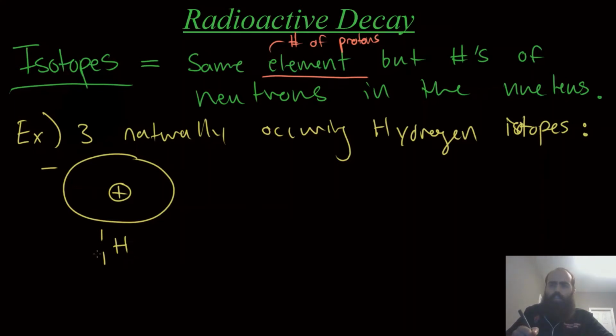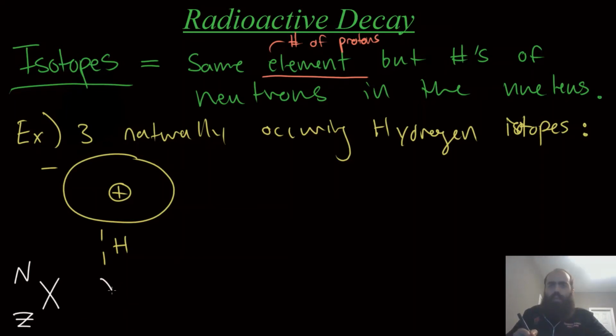This notation is used for isotopes. Generically, we've got your atomic mass number, your number of protons, and then the element.